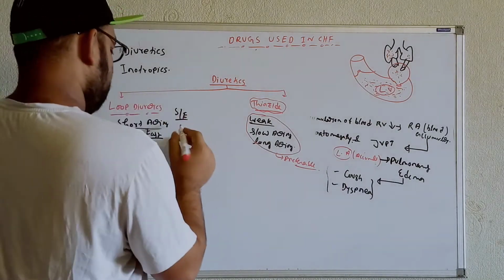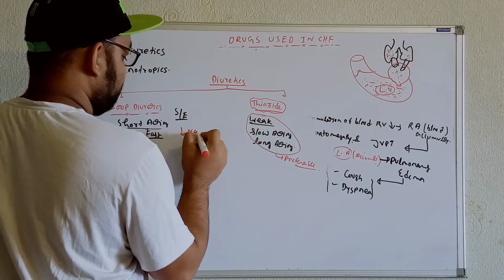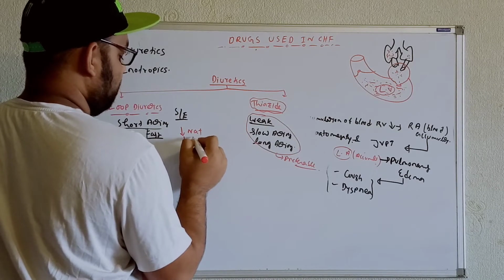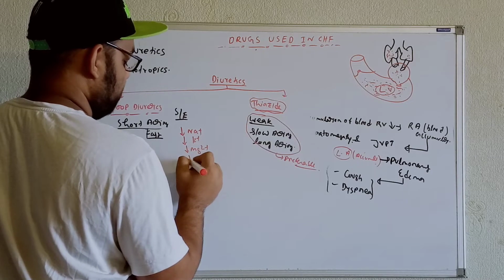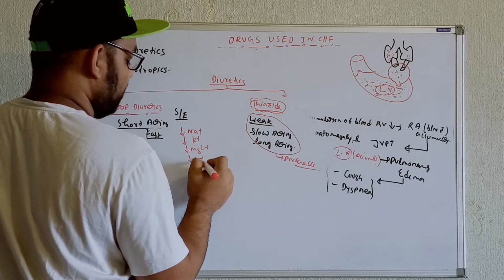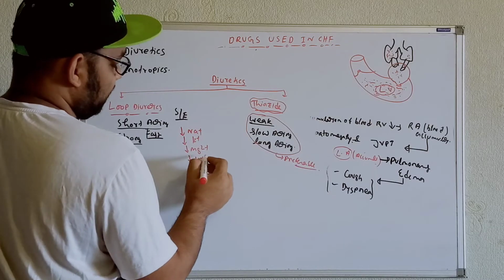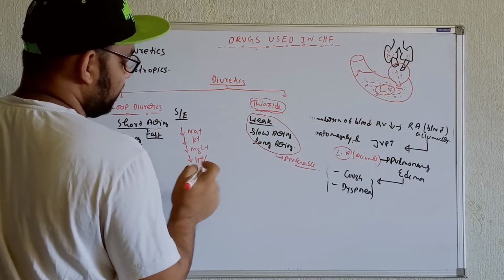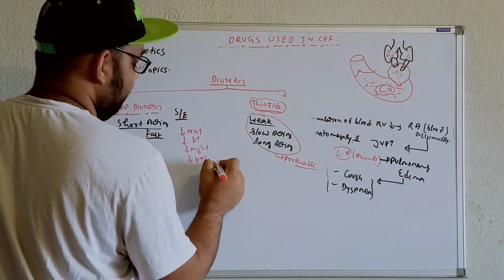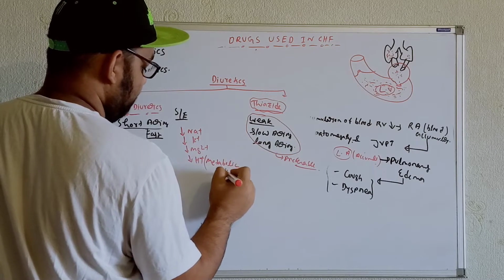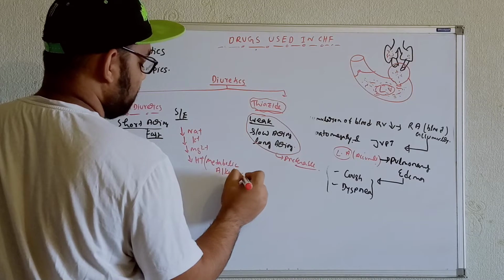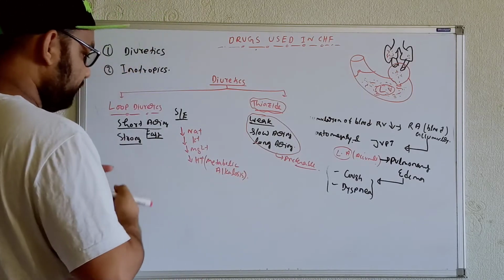Sodium, then potassium, then magnesium, and they can also decrease the proton. Whenever the amount of proton gets decreased, that will cause what? Metabolic alkalosis. What about the calcium?